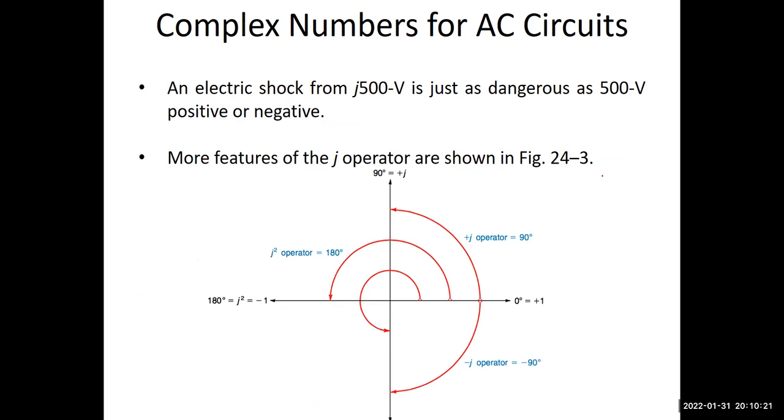Okay. So paano naging yung ating 0 degrees ay positive 1 at yung ating 180 degrees ay naging negative 1. Okay? So remember that the horizontal is your real axis and the vertical is your J axis or the imaginary part.